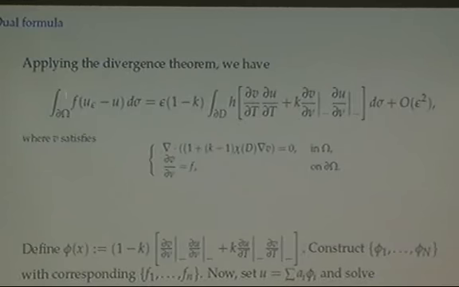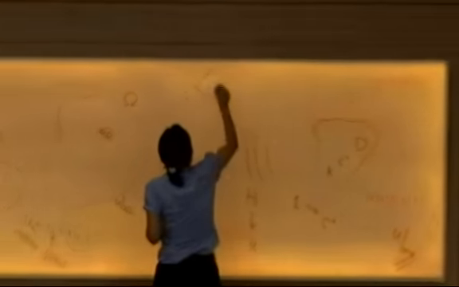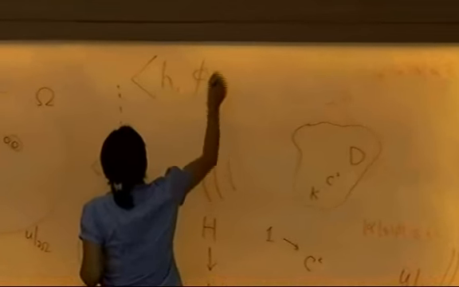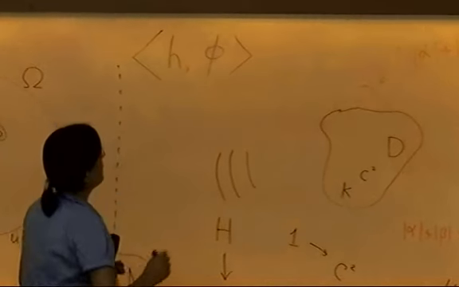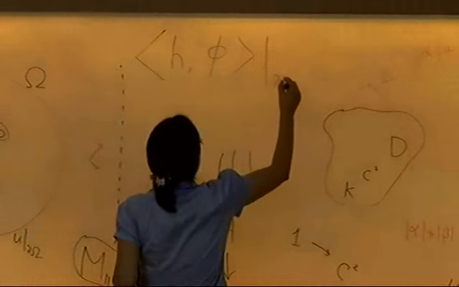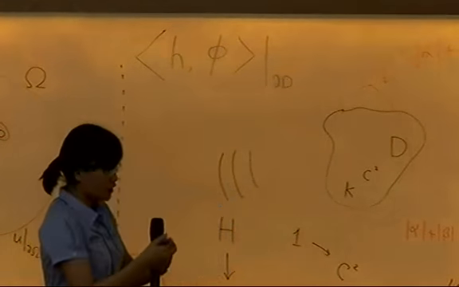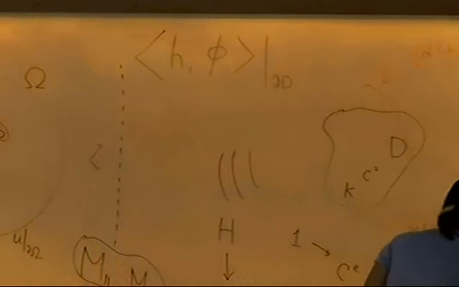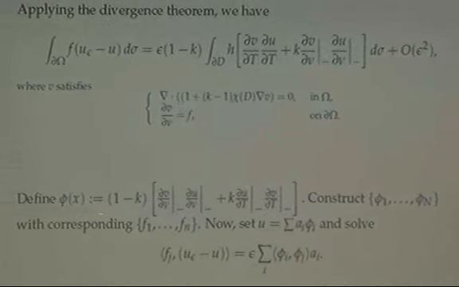So the left-hand side is from the measurement. The right-hand side, you have this unknown function h times the simulated data. So the right-hand side is the integral of h and phi on the boundary of D. So how can we get this h function?